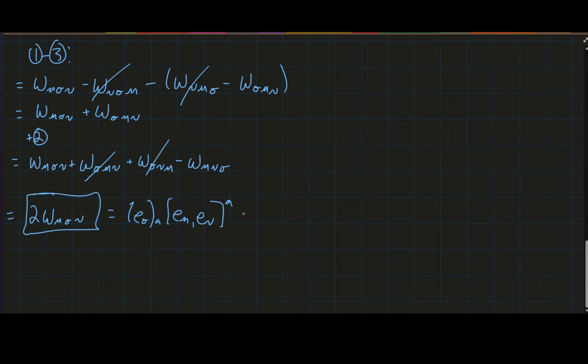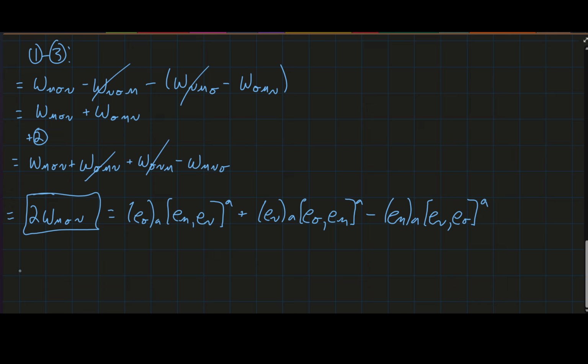We're going to add equation 2 now, E nu A, E sigma, E mu A, and then we're going to subtract off equation 3. So we get E mu A, E nu, E sigma A.